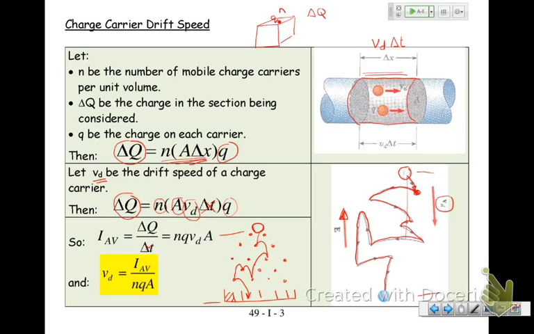Let's think about this. As I increase the number of charge carriers per unit volume, my current goes up. Agreed? That makes sense. Better conductor, more current. As I increase the charge on a charge carrier, well, they're all really electrons, so can you really play with that? But if you could have more charge on each charge carrier, then yeah, you'd get a better deal.